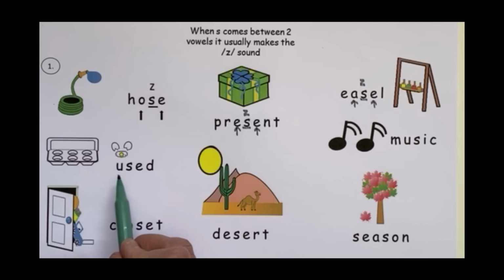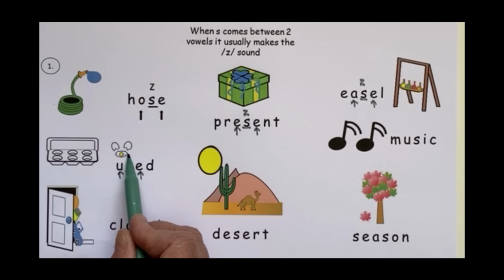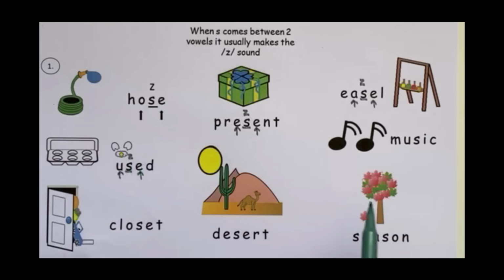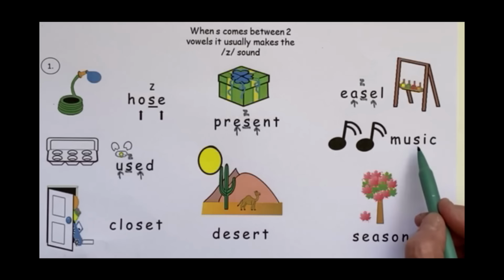We're going to go over here to used. It looks like the last egg is being used. So S is here and it is in between the vowel U and the vowel E. So it makes the Z sound. And we have music.